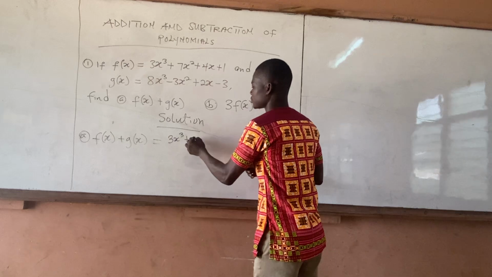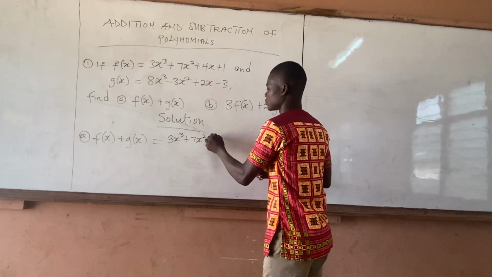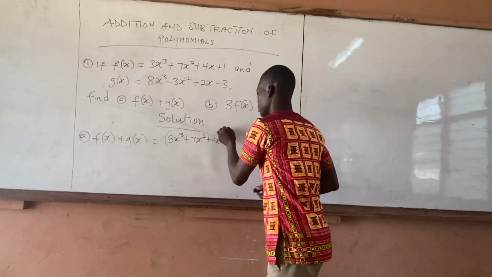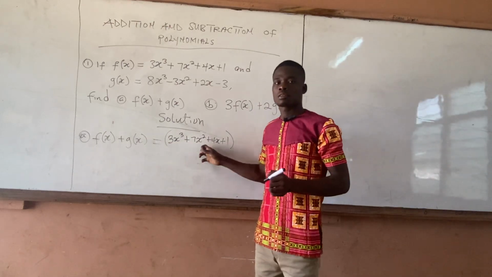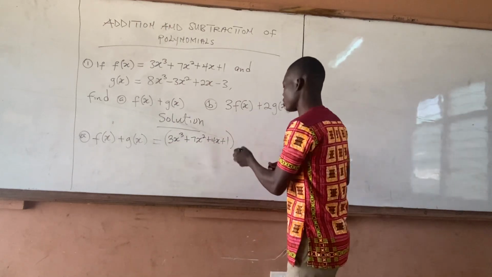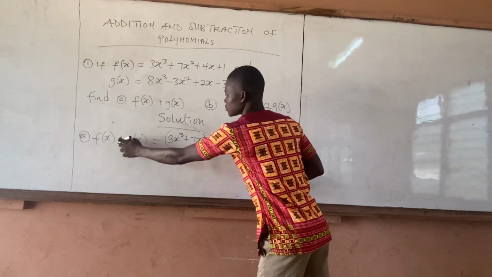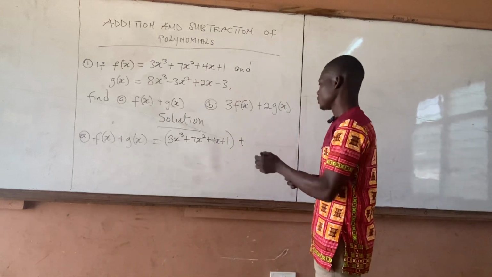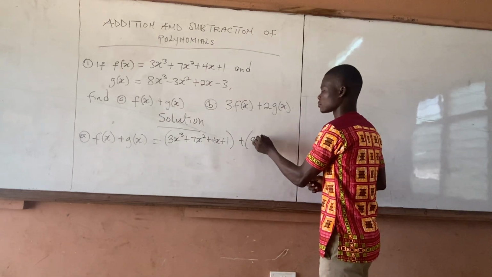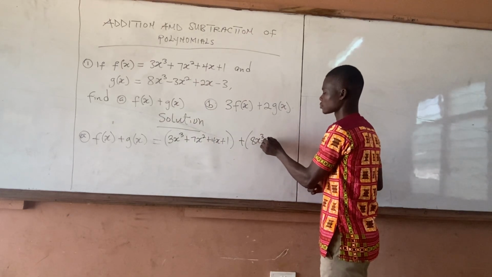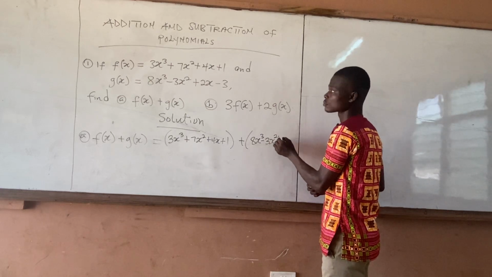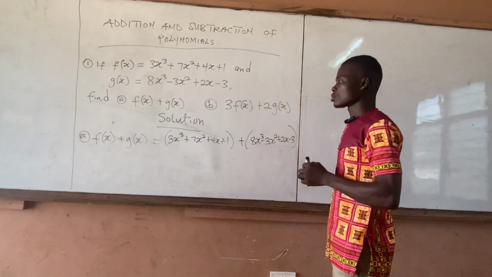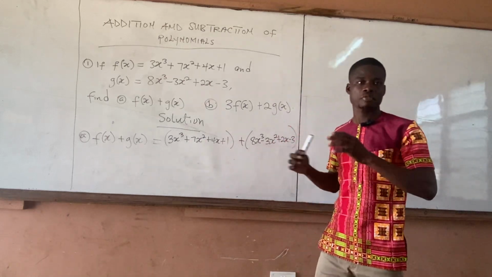3s cubed. So now, this is f of s, then bring the addition sign, then g of s is this one, so that's f of s plus g of s.